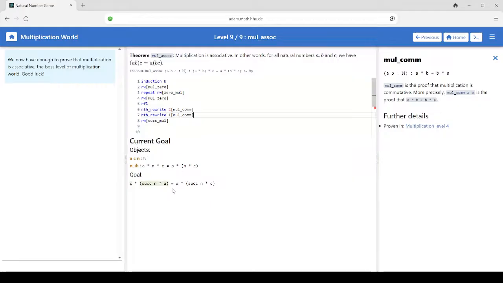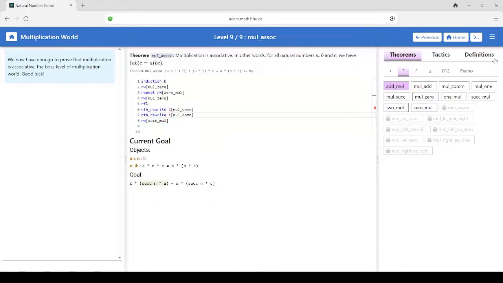I wanted to get successor N and C together, but it seems no matter how I switch them around, successor N and A are going to be multiplied first. And I think that's because we only have commutative for multiplication so far. We don't have the associative property.